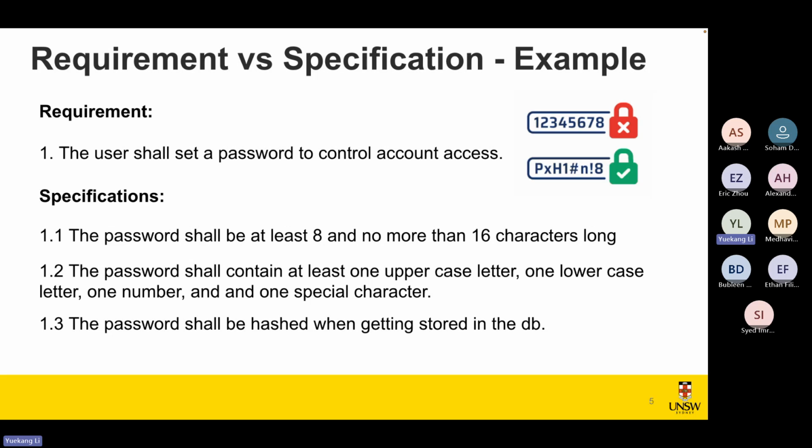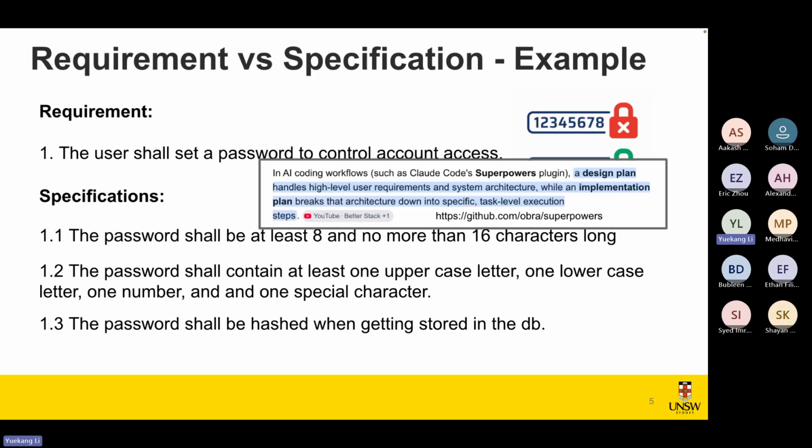A more recent example for requirement versus specification is in AI coding. If you are familiar with Claude Code, you might know that we are trying to install a lot of skills using Claude Code. And if you are not using skills for your coding agent, I would highly recommend you to use this one here.